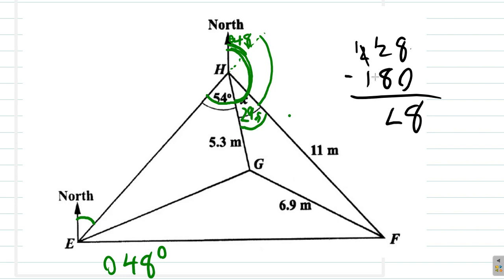If we back off 54 from the 228, we have 228 minus 54, it was 174.